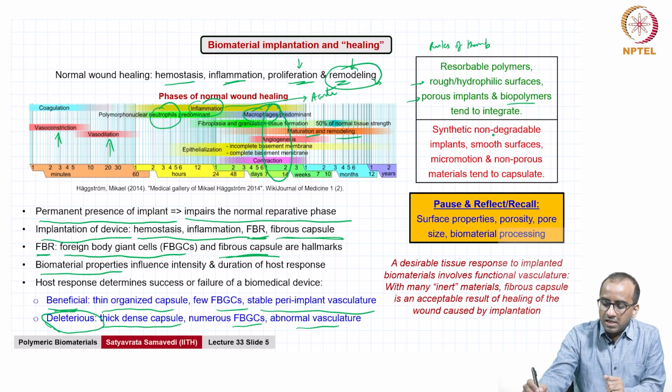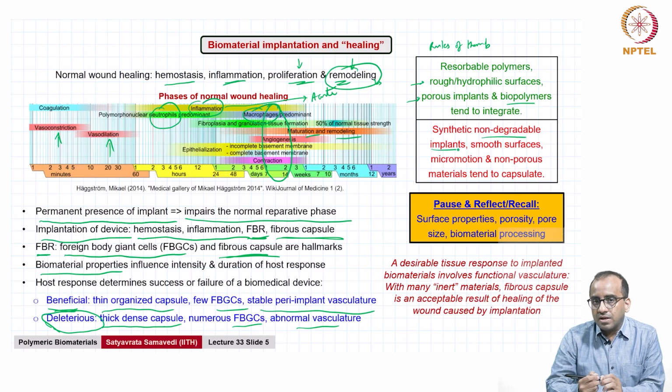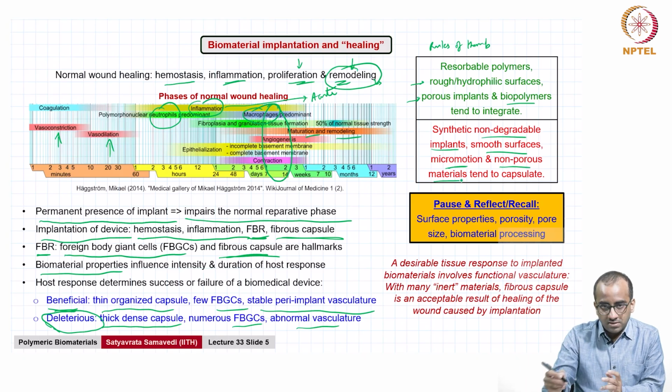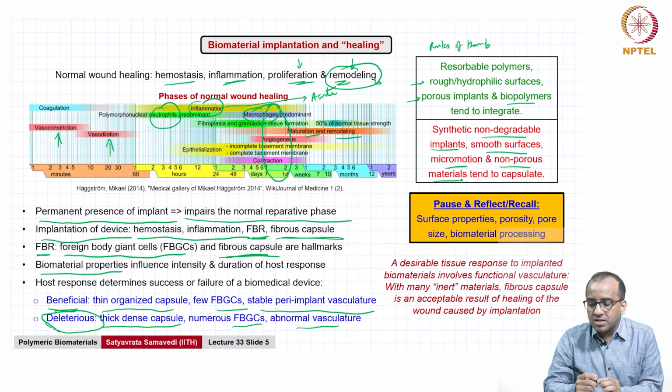It's the synthetic non-degradable implants, perhaps with smooth surfaces, with micromotion, essentially implants that move around quite a bit, causing irritation, or non-porous materials, an example of which we will look at the end of this lecture, tend to get engulfed in a fibrous capsule.